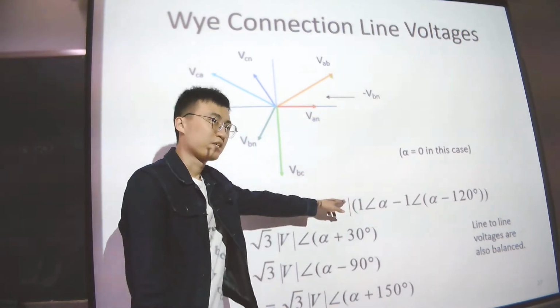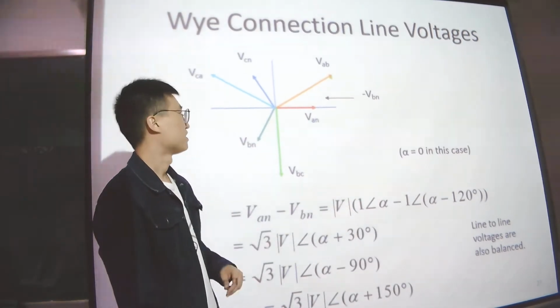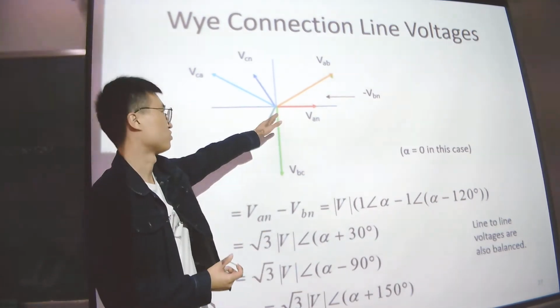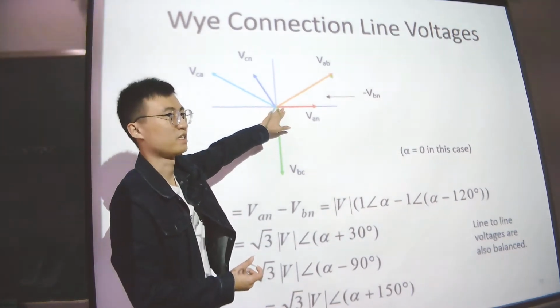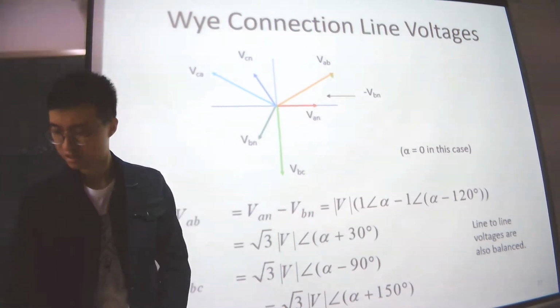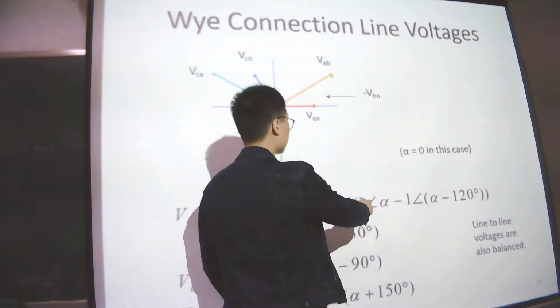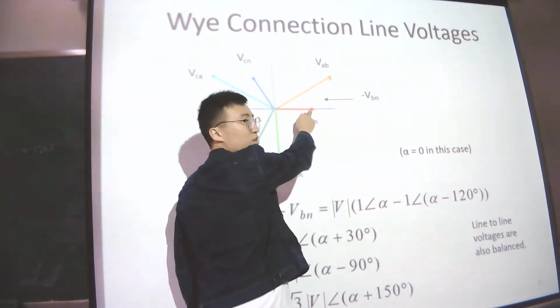So this was from here to here, right? It's one of the easiest ways to establish this, just to view this voltage figure. Okay, so let's see the angle. The angle of this is 0 degrees.